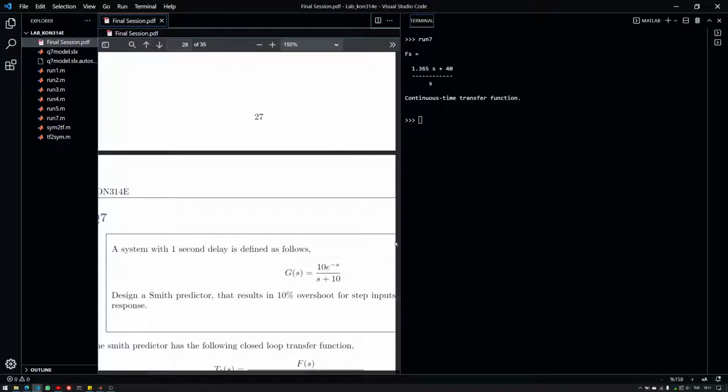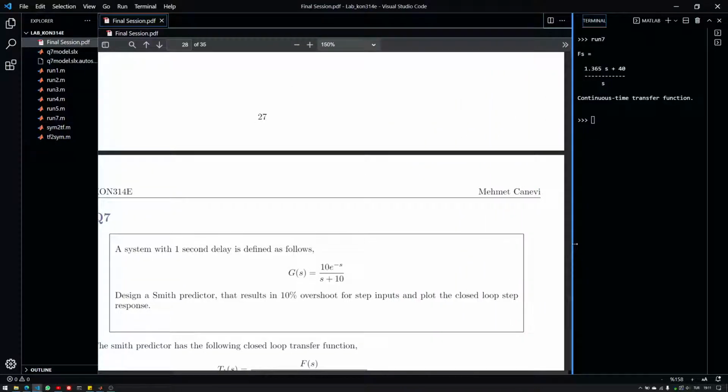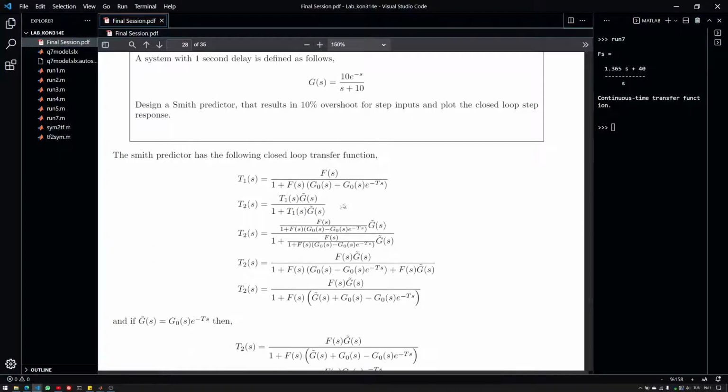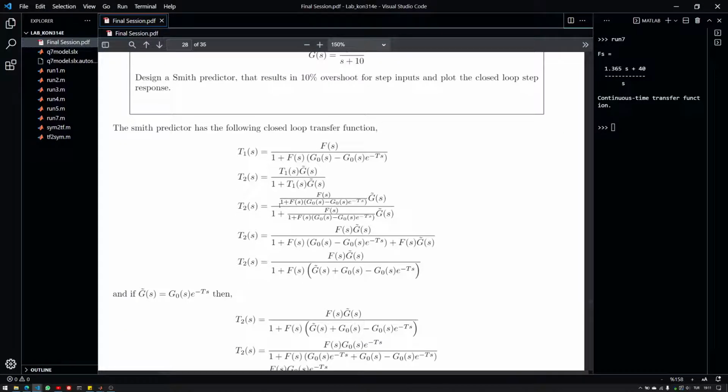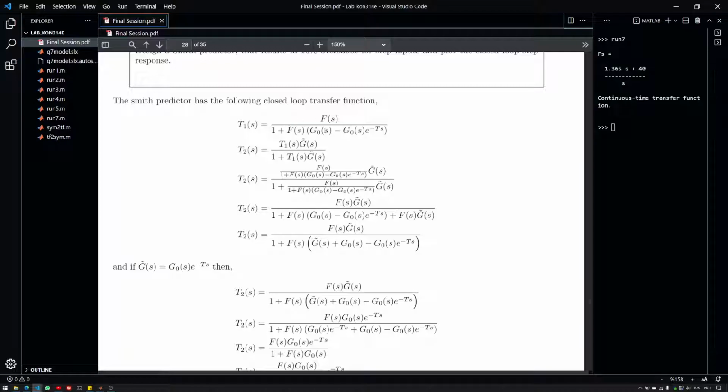So here in the PDF, we have the transfer function calculation. Now you can define some internal transfer function and then the outer branch, and you can work this out yourself. Basically, you have F(s) plus and then 1 plus F, then this difference here.